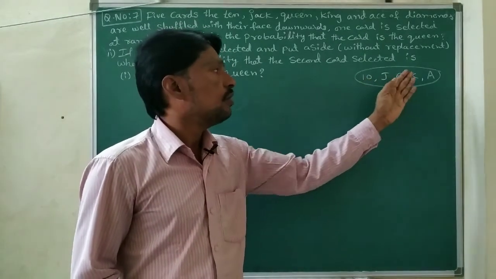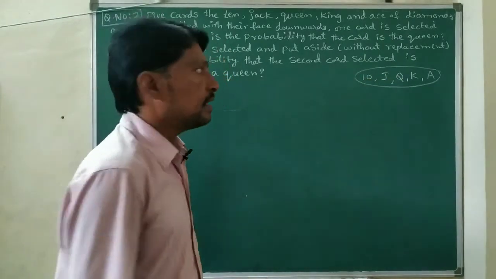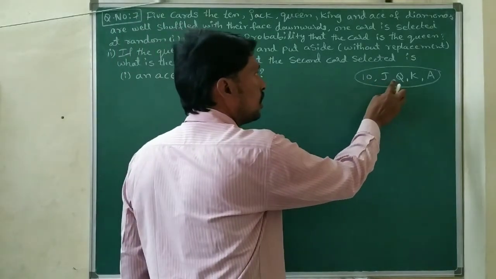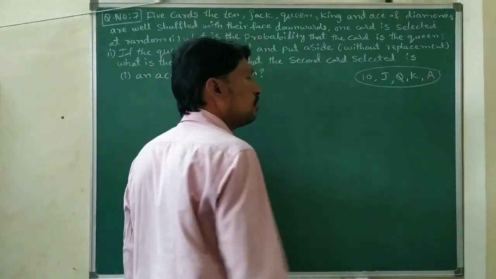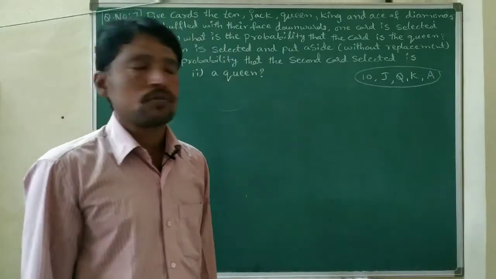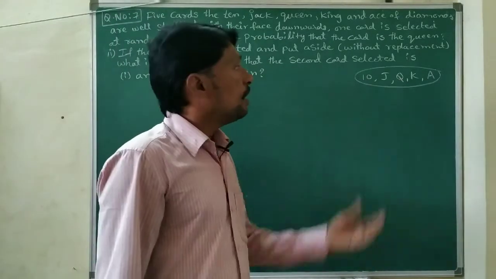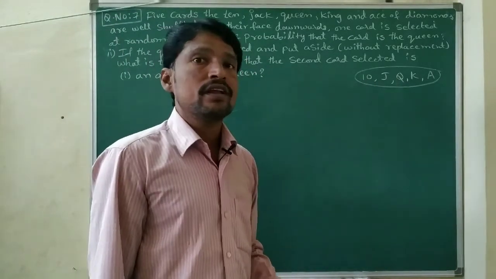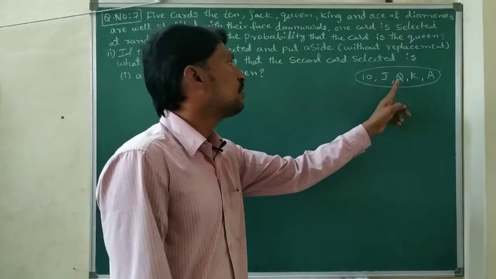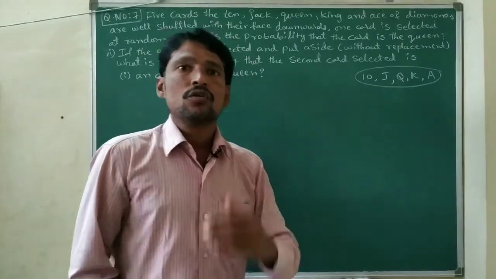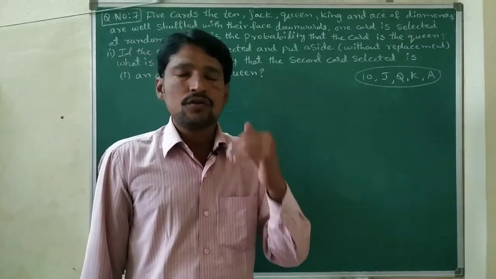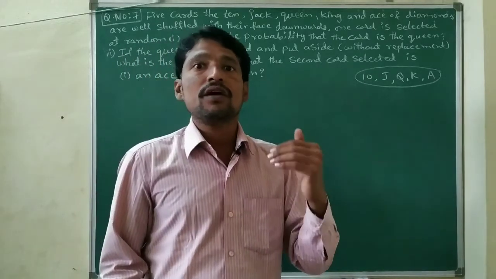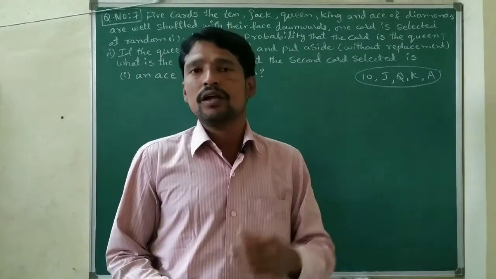So total outcomes, how many we can get? 10, Jack, Queen, King and Ace. Total number of outcomes will be 5. In this set, how many queens will there be? Only one queen. So we need to find the probability of getting a queen.